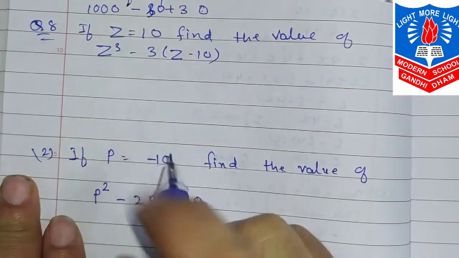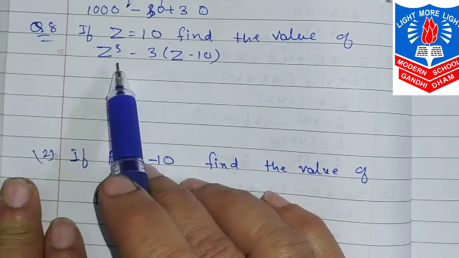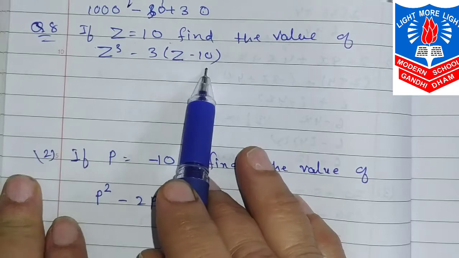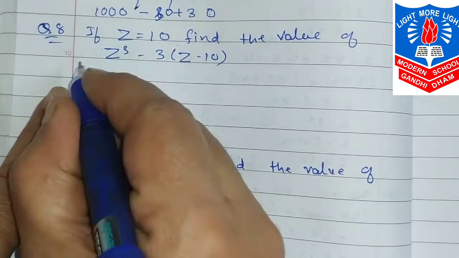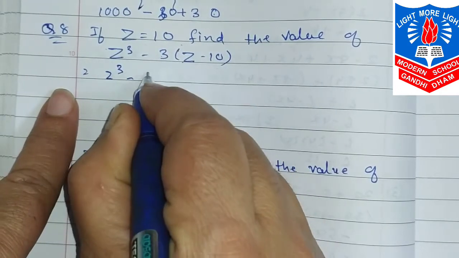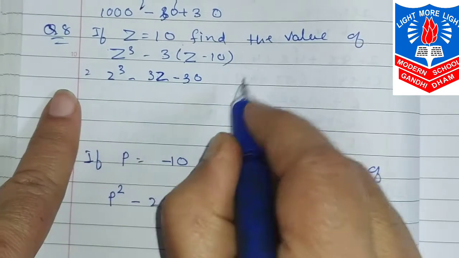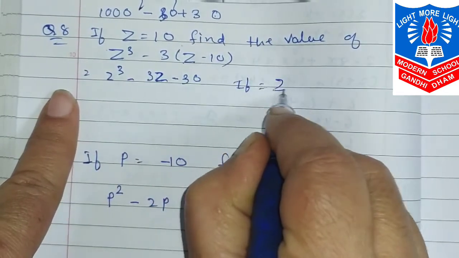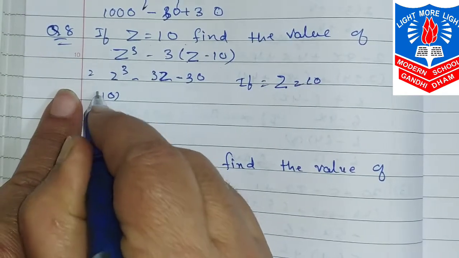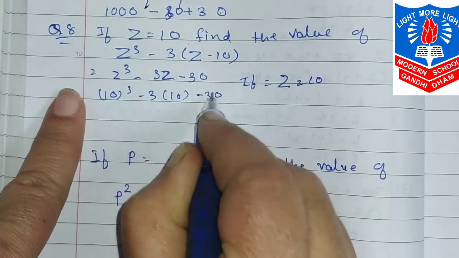Yes, question number 8. If z is equal to 10, find the value of z cube minus 3z minus 10. First we simplify it. We keep the equal to sign. z cube minus 3 into z minus 30. And if z is equal to 10, so here we write 10 cube minus 3 into 10 minus 30.